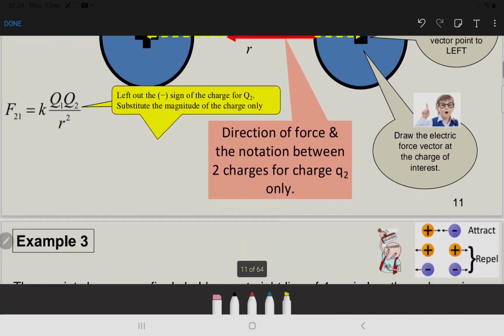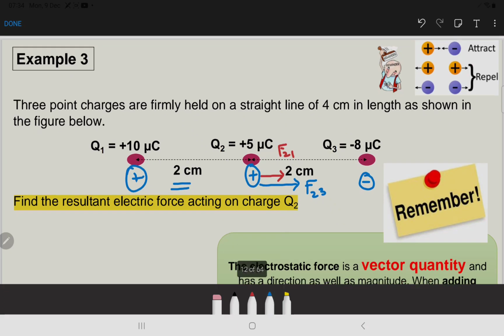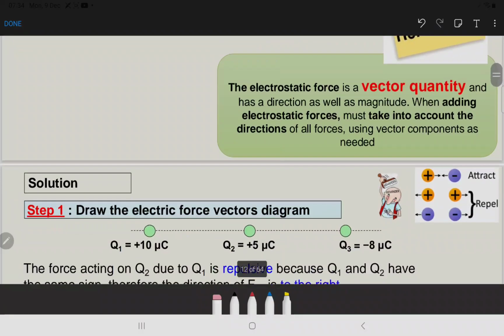An important thing to remember: over here they have given the distance in cm. This has to be converted into meters. Make sure it is in SI units. And it is a vector quantity, so make sure you include the sign, positive and negative.